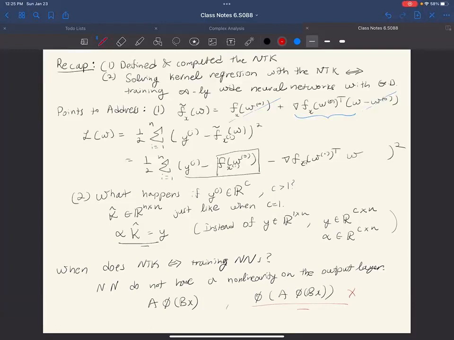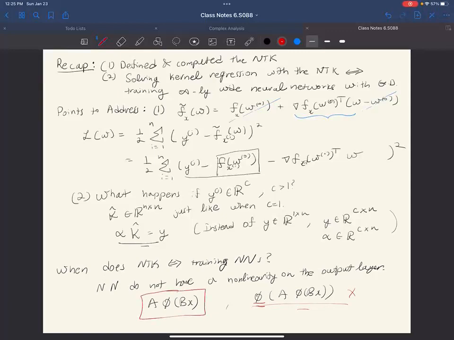The reason is that when you compute the second derivative, you have to apply the chain rule to this extra nonlinearity on the output, and that will add some constant term to the Hessian, which will not necessarily vanish as k grows large. And so one needs to be very careful, and we always consider neural networks that look like this.